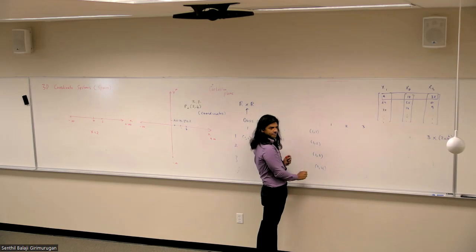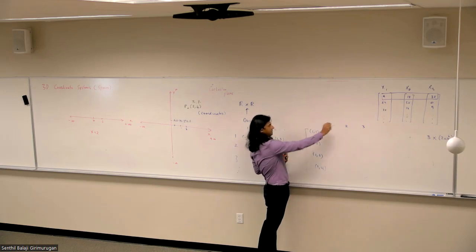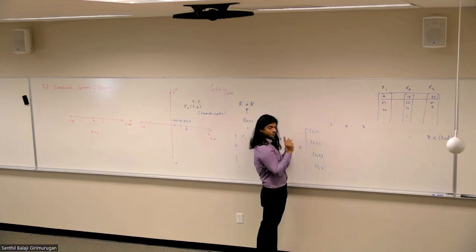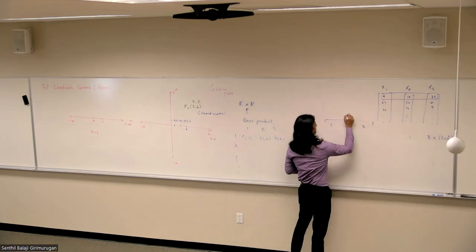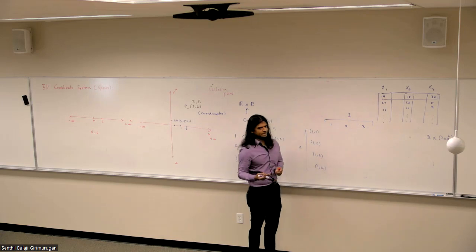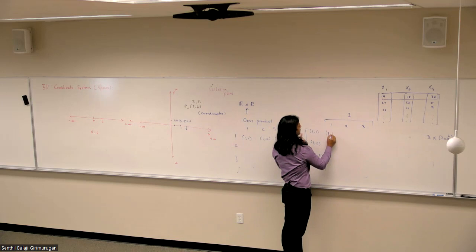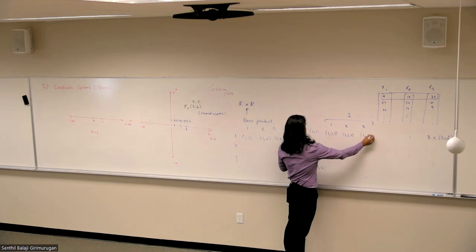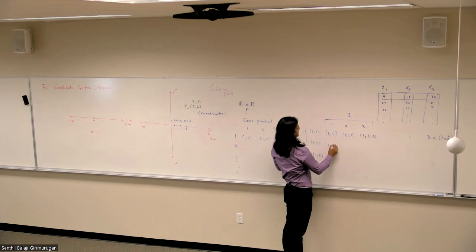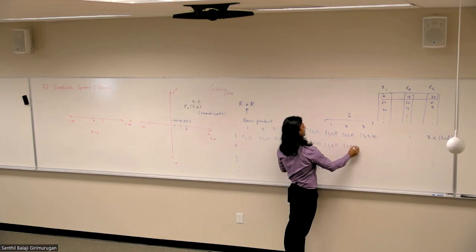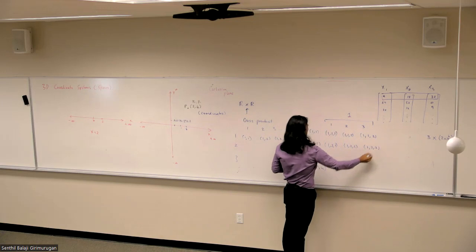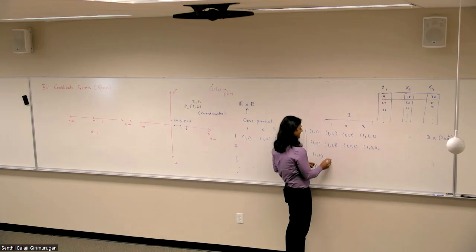How many dimensions do I have here? 2. How many dimensions do I have there? 1. So when I do the cross product, I'll end up getting 3 dimensions. So I'll have 1, 1, 1, 1, 1, 2, 1, 1, 3, 1, 2, 1, 1, 2, 2, 1, 2, 3. Get the idea, right?